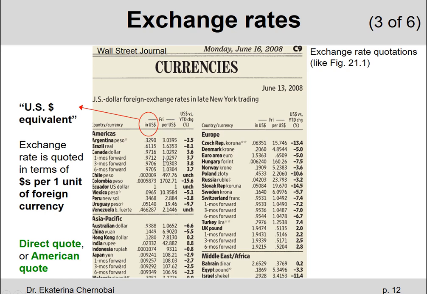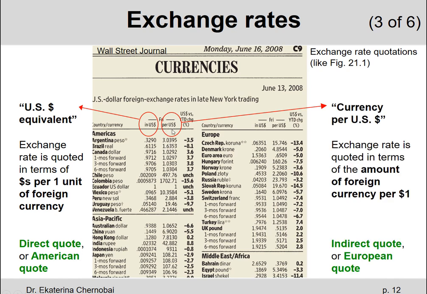Now the second column in this table, it's the other way that the same exchange rate can be expressed. It's labeled as per US dollar, which means for every number in this column, we always have $1, right? And the numbers in this column are the amounts of other countries' currencies.